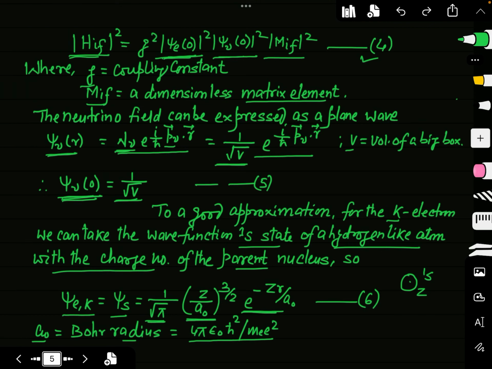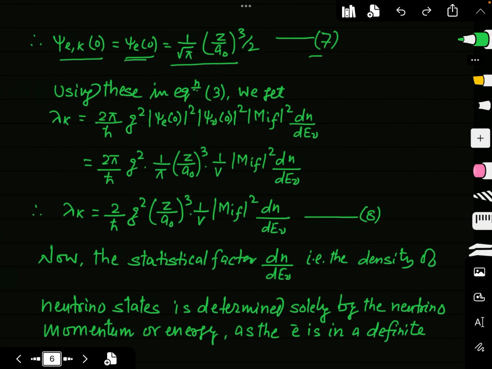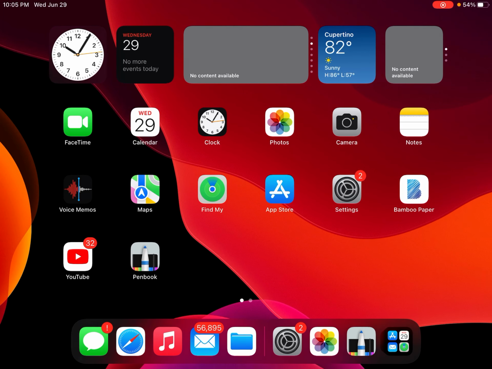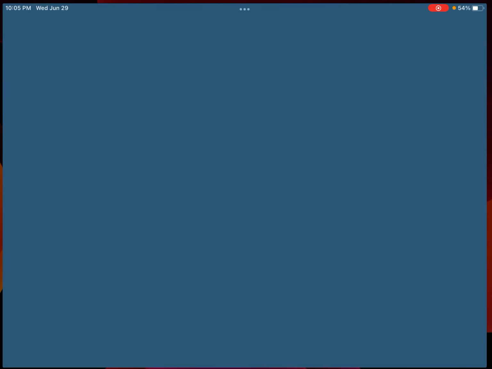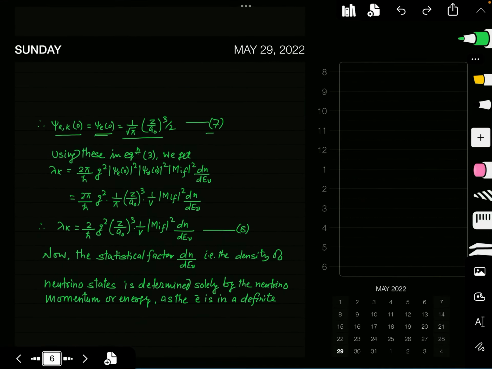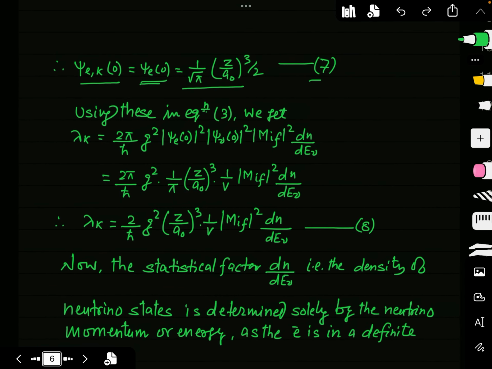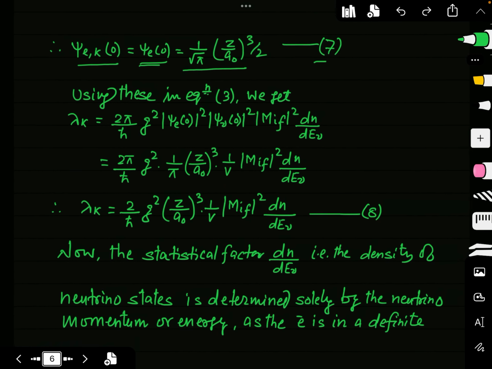Yes, in equation 3, the integral. Sorry, the page has been turned, but don't worry, it will be okay. There is some problem in this device, so anytime the page gets turned, don't mind it.